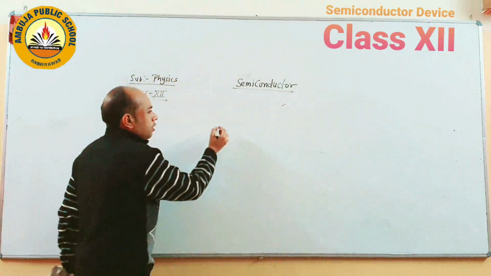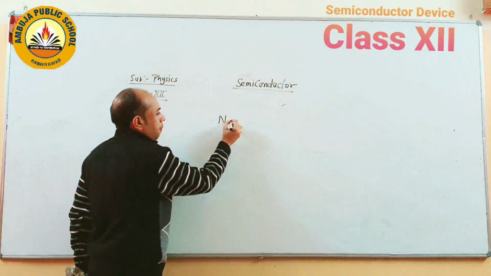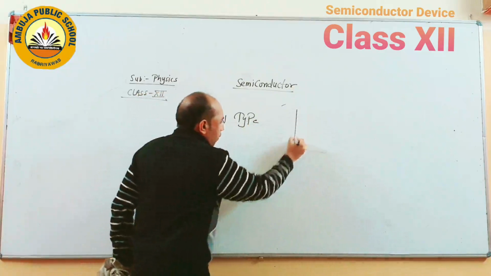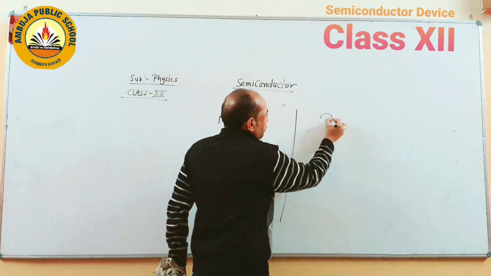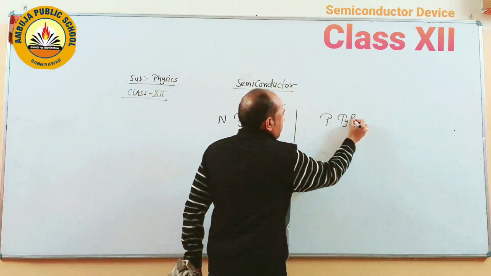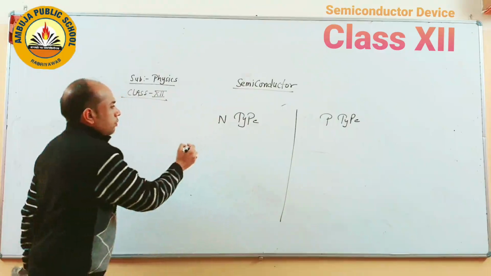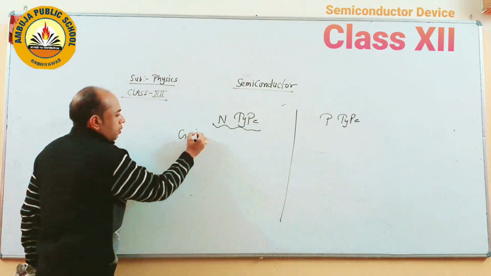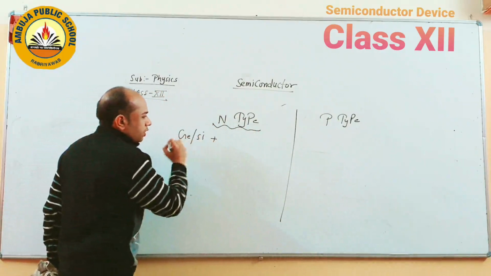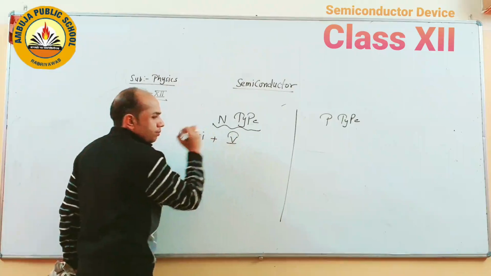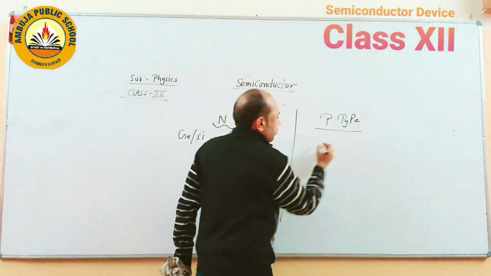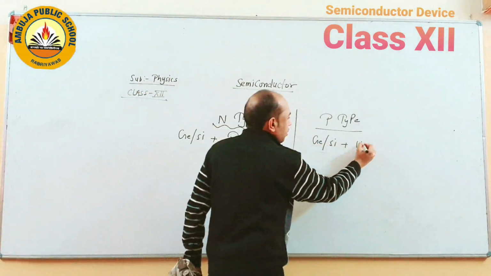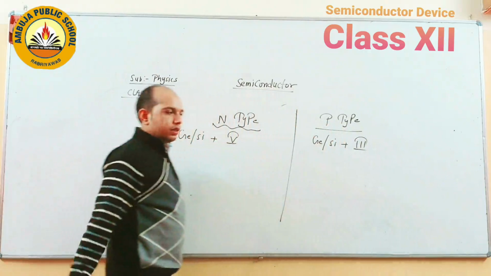So if we classify n type and p type, as I have already told, germanium or silicon atoms mixed with pentavalent impurities give n type, and for p type, germanium or silicon is mixed with trivalent impurities.